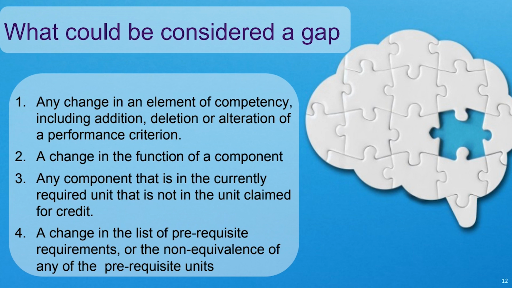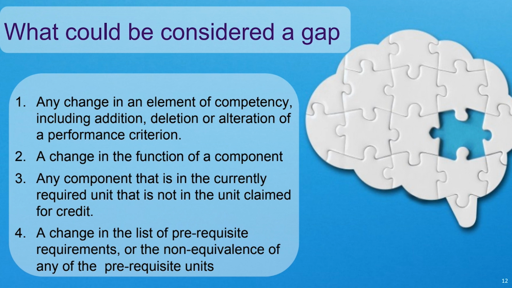Once again, you have to make an expert judgment as to whether that shift from knowledge to performance criterion, or performance criterion back to knowledge, or from performance evidence into what might become an element of competency, has changed the fundamental meaning of the unit of competency. If it hasn't, then you can say that it's not a gap. But if it has changed the fundamental meaning of that unit of competency, then you have identified a gap.